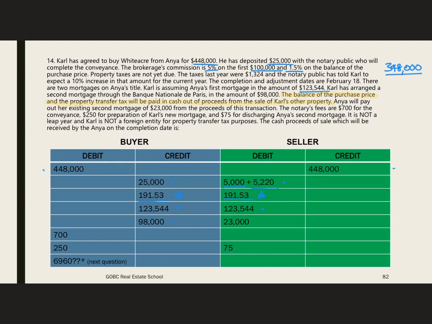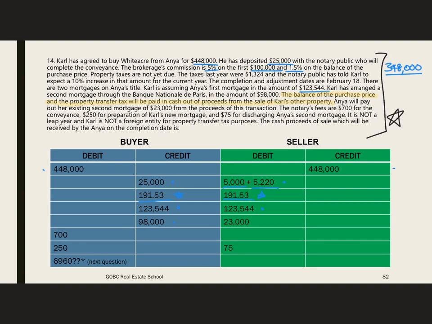And that's not true. We need to actually keep track of all of the money that has to do with this transaction. So if Carl is selling another property and he's going to use that cash proceeds to take care of his balance due here, then that'll be taken care of by his lawyer.